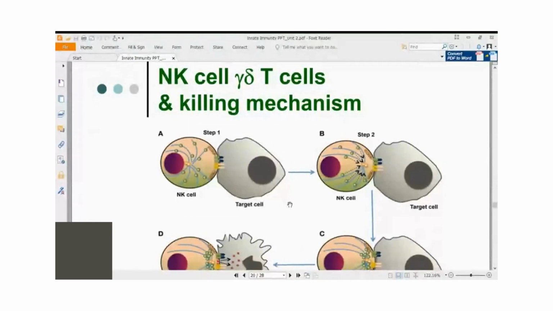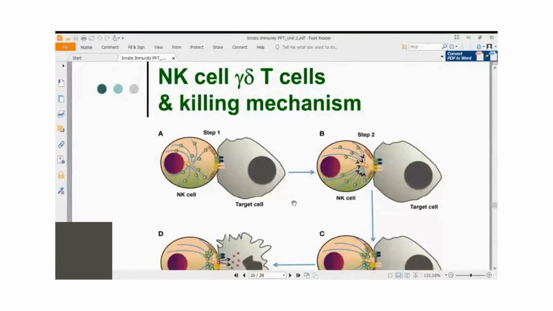And it doesn't remain in one place, it keeps traveling. It travels on the surface of the epithelial lining, goes to the bottom of the epithelial lining, and keeps moving about by amoeboid movement.